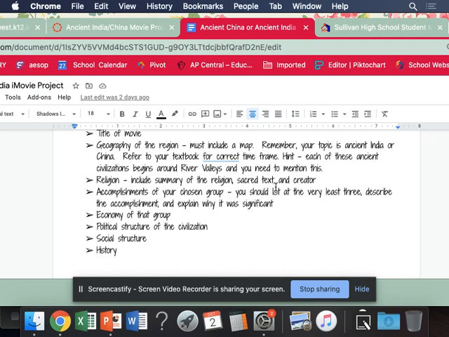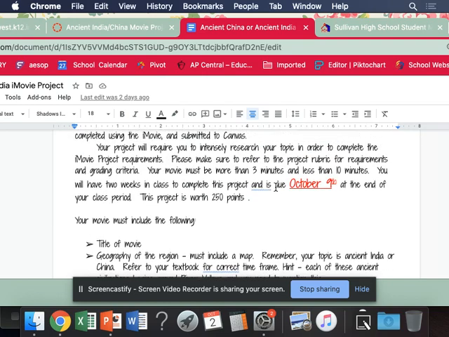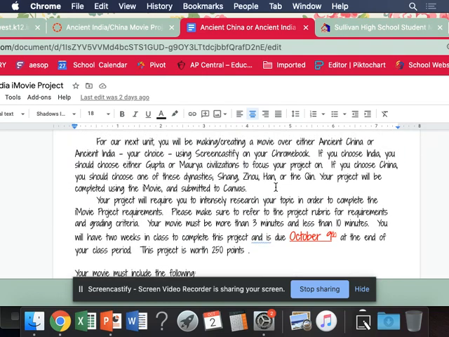So India is the one that's the most difficult because the two names of those dynasties are still very prominent names in India. You should be fairly easy looking up things for the Shang, the Zhou, the Han, or the Qin, and making sure that you are in ancient China.